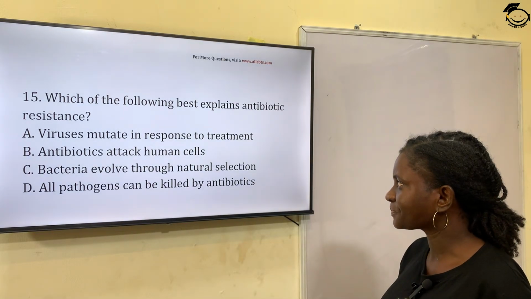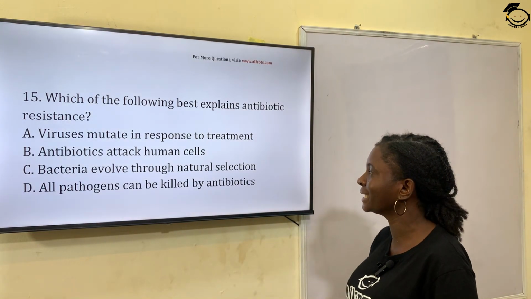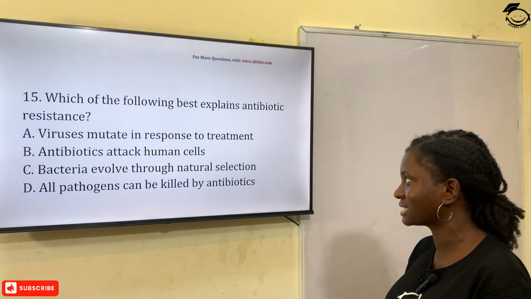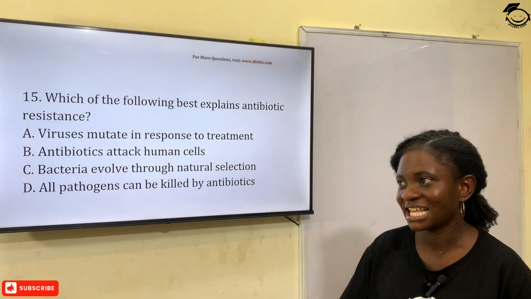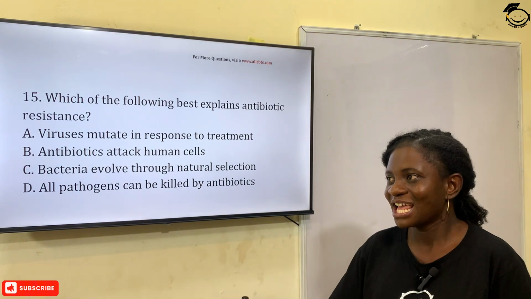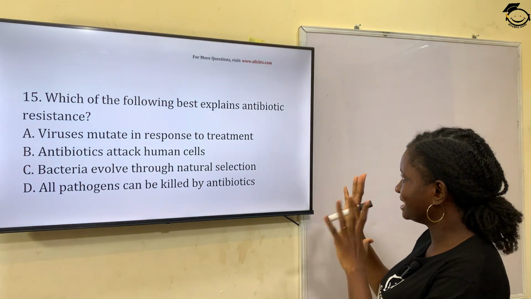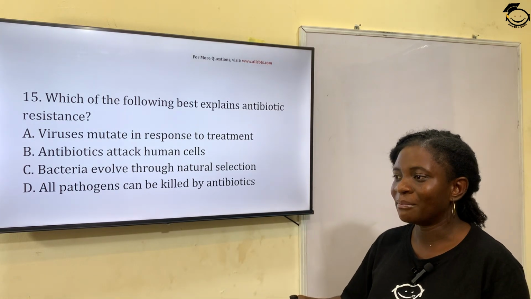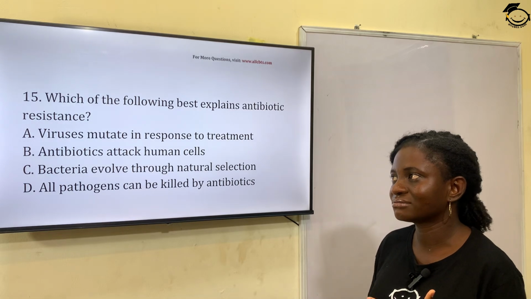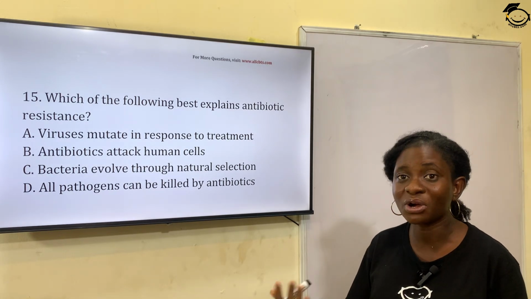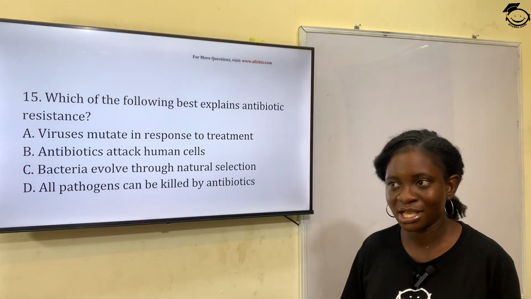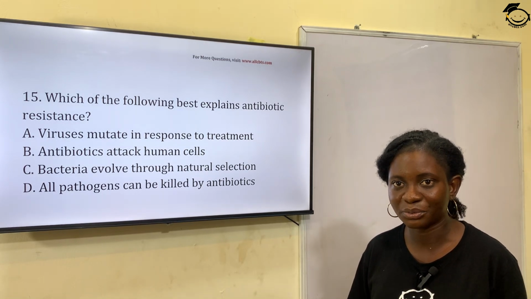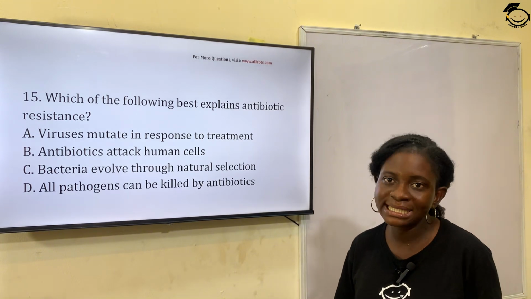Question 15. Which of the following best explains antibiotic resistance? What is resistance? The ability to resist. In this scenario, antibiotic resistance means a bacteria is no longer responding to treatment. The treatment is not inhibiting its growth, survival, or reproduction, or killing the bacteria.